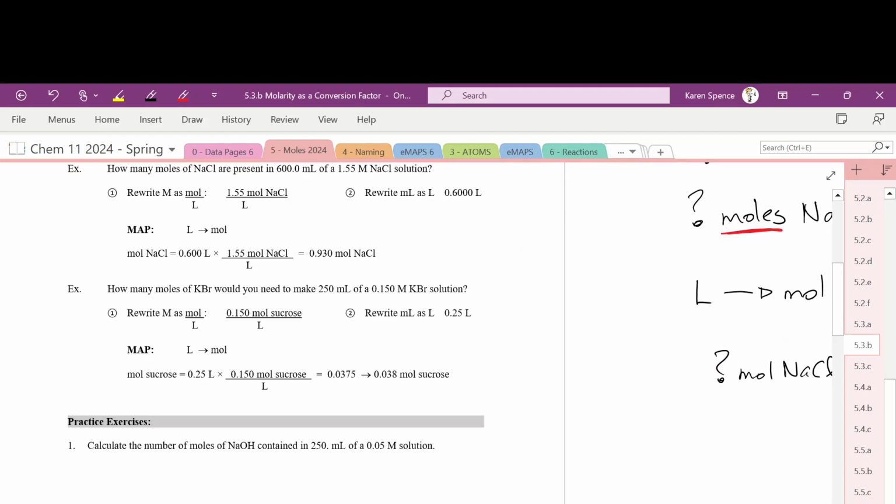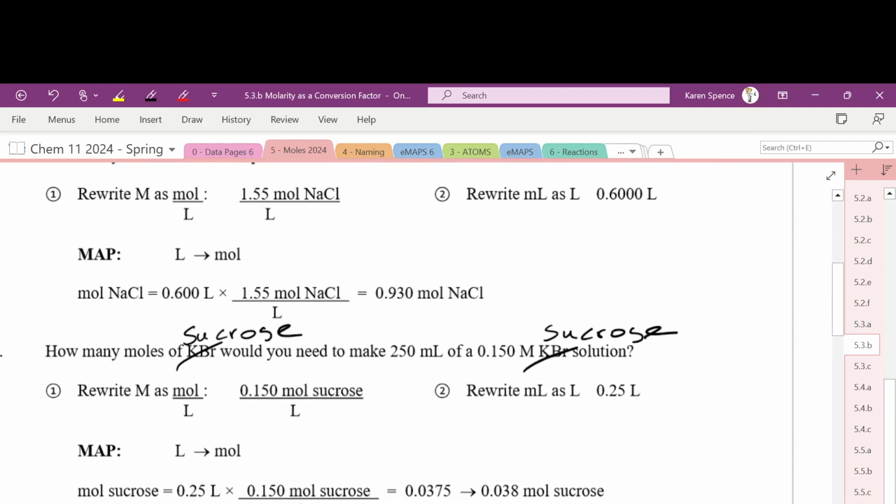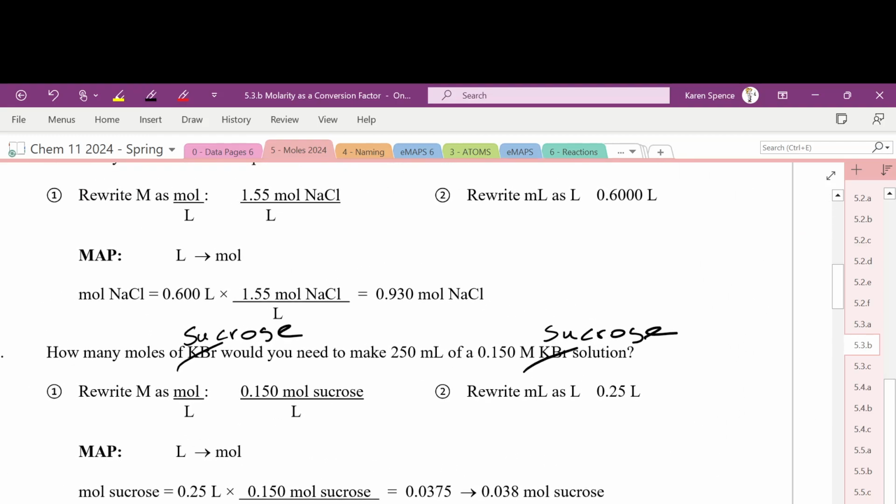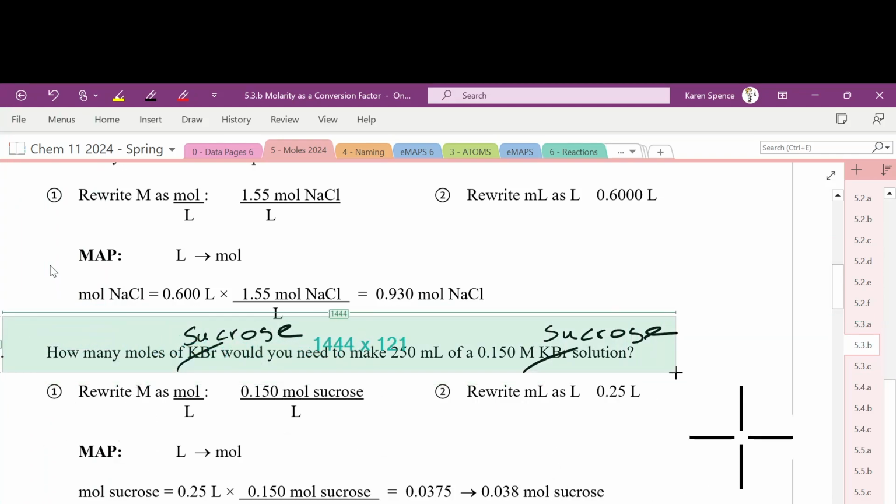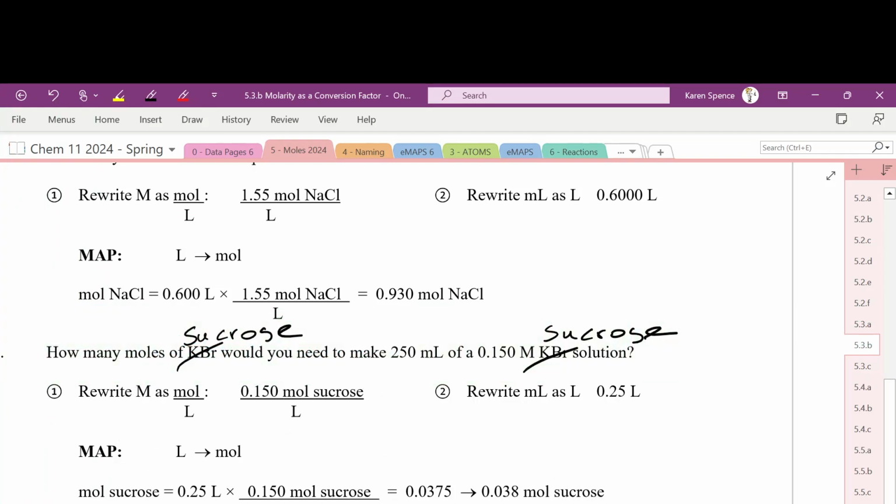How many, oh, what have I done here? Sucrose. Do you guys think you could do this one without looking at the answer?